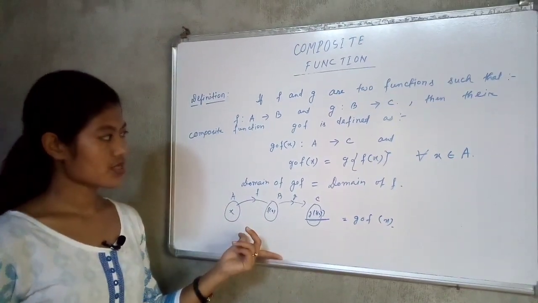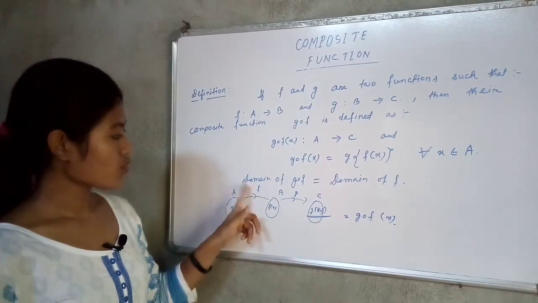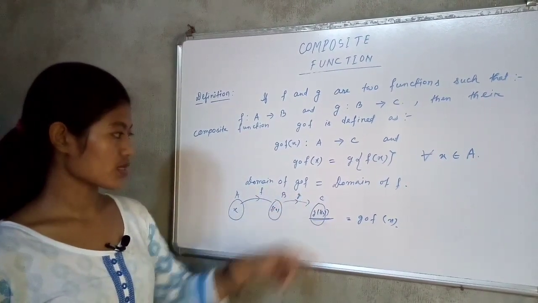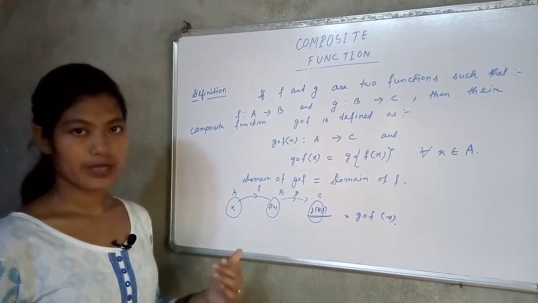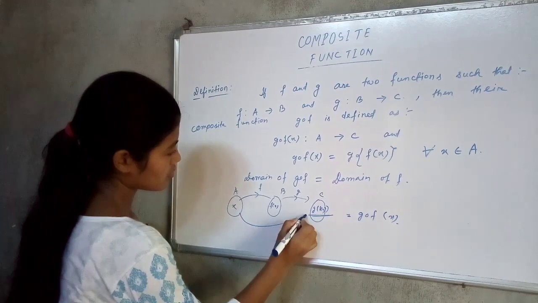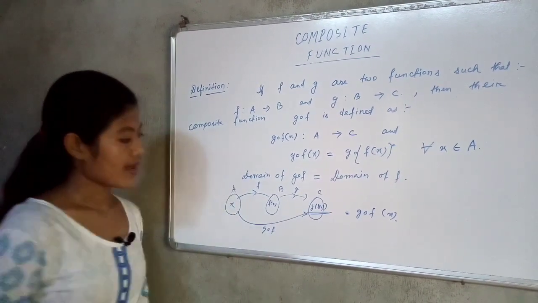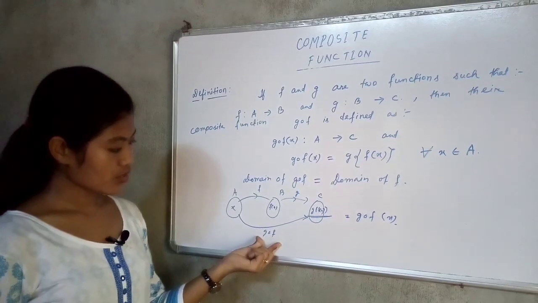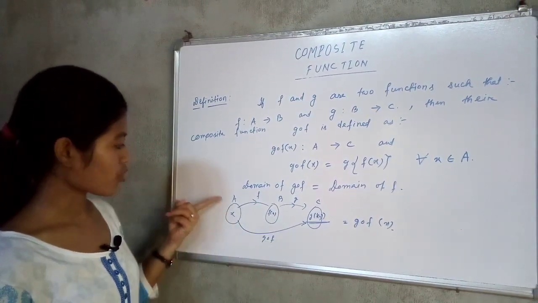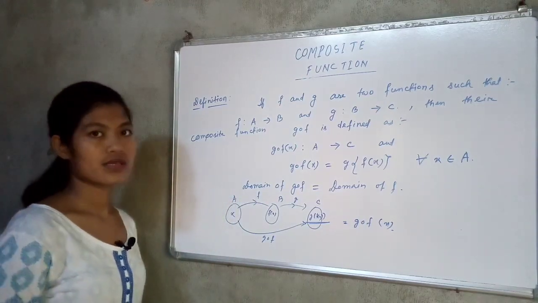So here comes the definition. When we take two functions f and g, f goes from A to B and g goes from B to C, then the composite function of f and g will go from A to C. And this composite function will have a domain equal to the domain of f, which is A.